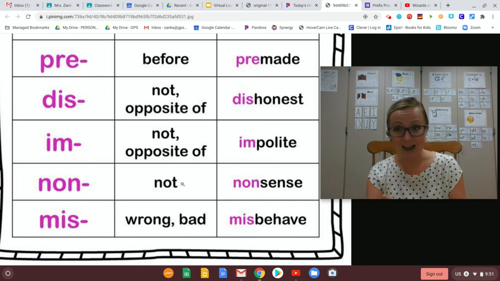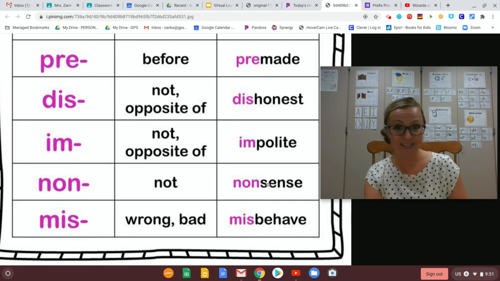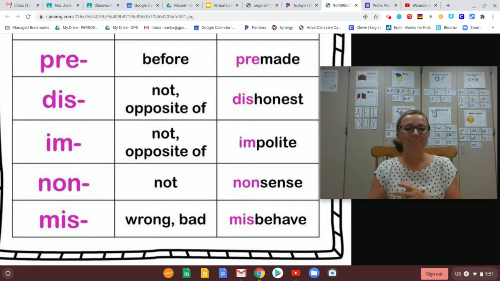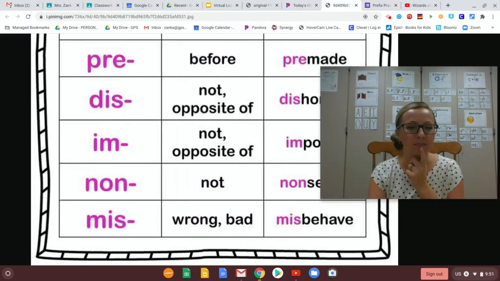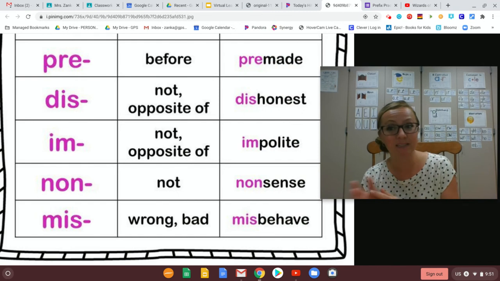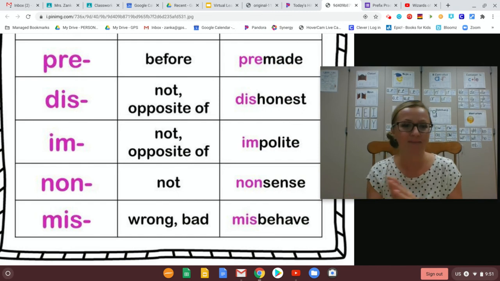Non means not, like nonsense. This is not making sense. Let's see, I'm having a hard time thinking of another good example off the top of my head. Mis means wrong or bad, that's what that prefix means. So misbehave, you are not behaving in a good way, right?